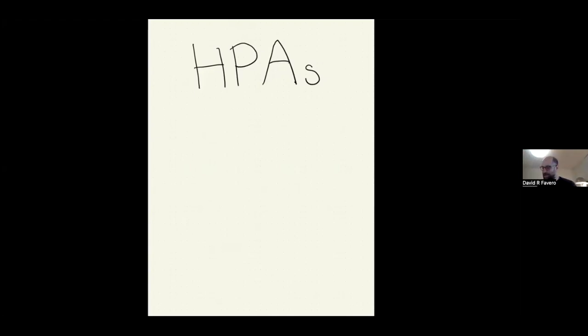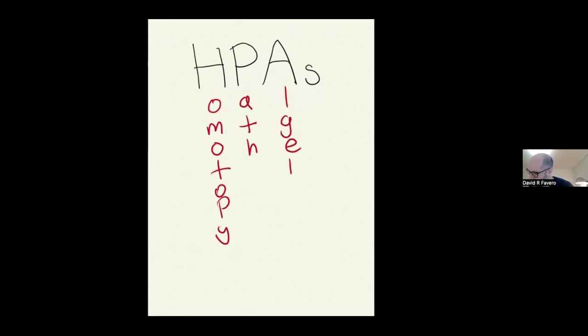I'm going to talk about something that I'm calling homotopy path algebras. I just erased the title so I could fill it in. It's kind of hard to spell going downwards, but okay.